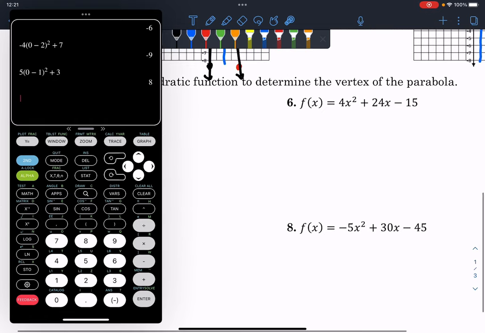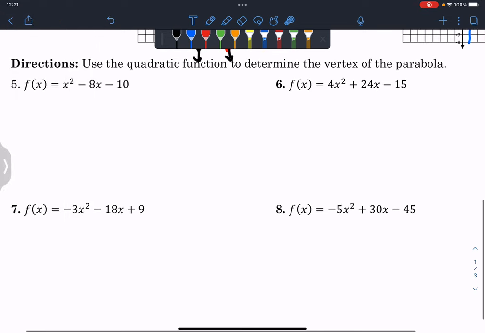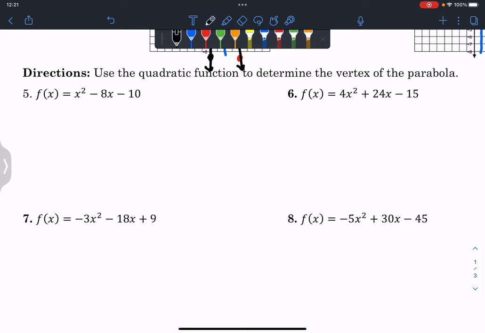Now, for the next questions, we're asked to use the quadratic function to determine the vertex of the parabola. So here we're going to find that by identifying the location of the maximum value or the minimum value. We'll start by using the formula negative b divided by 2a, which is the negative of negative 8 divided by 2 times 1, and that equals positive 4.